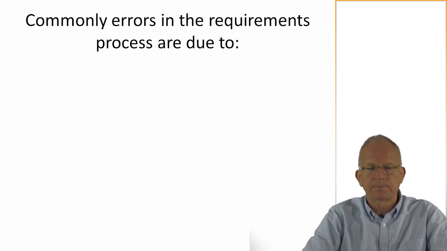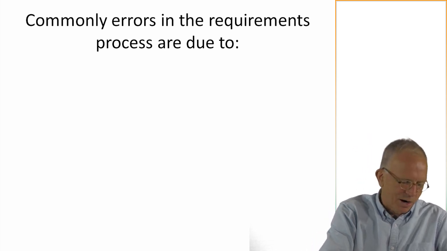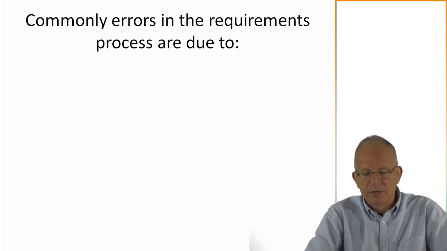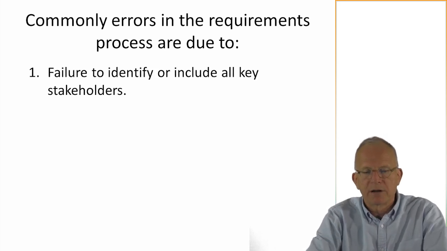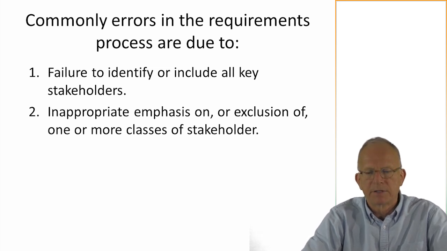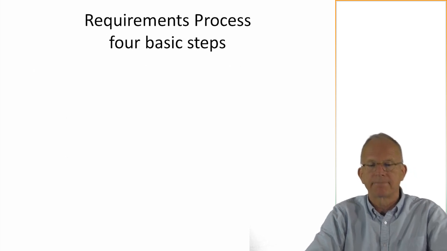So some common errors in the requirements process are due to failure to identify or include all of the key stakeholders, inappropriate emphasis or exclusion of one or more class of stakeholders, and inappropriate emphasis on or exclusion of one or more type of requirements.